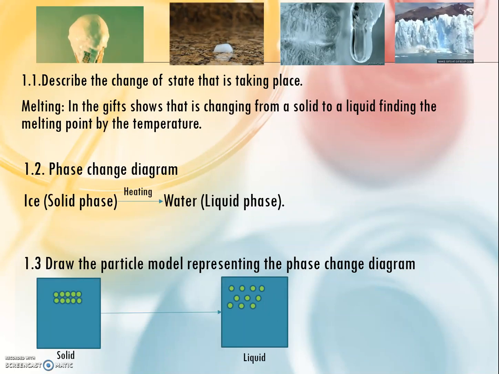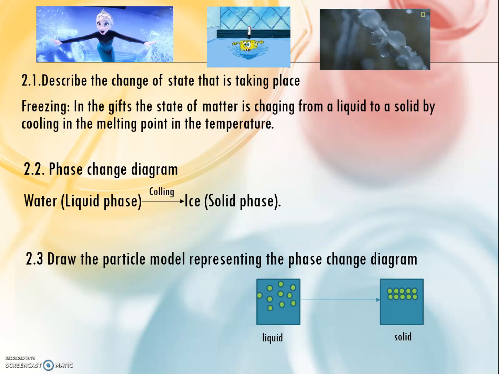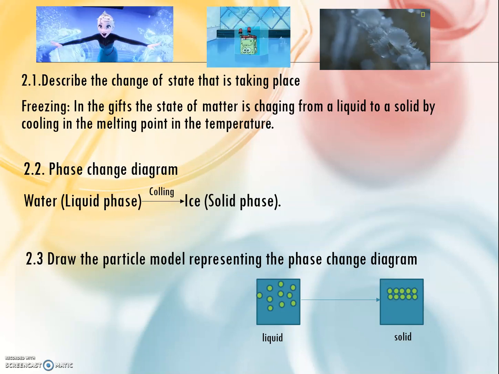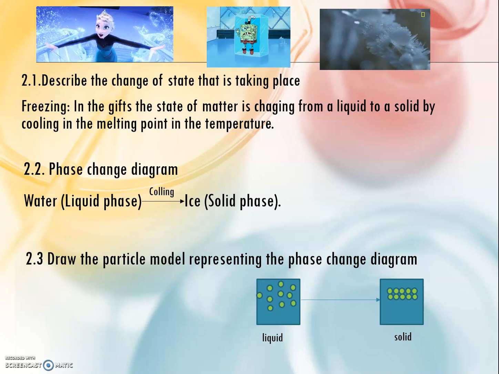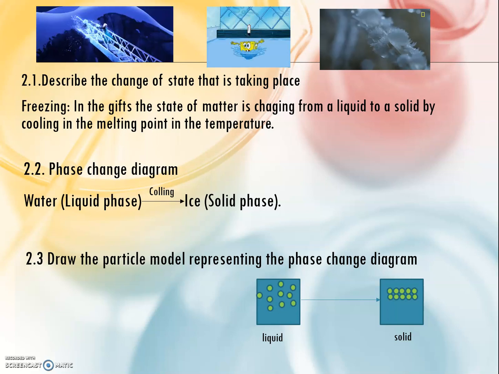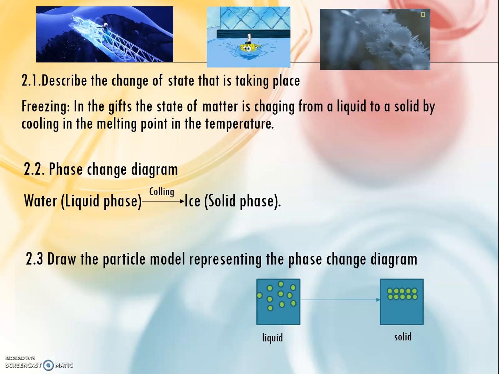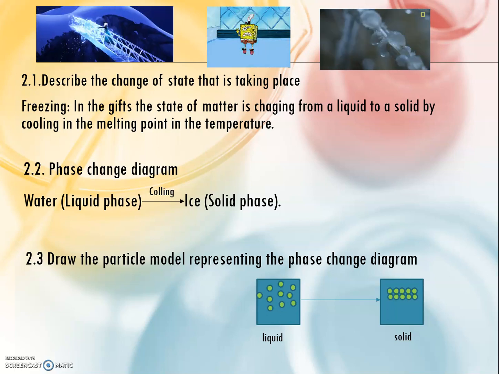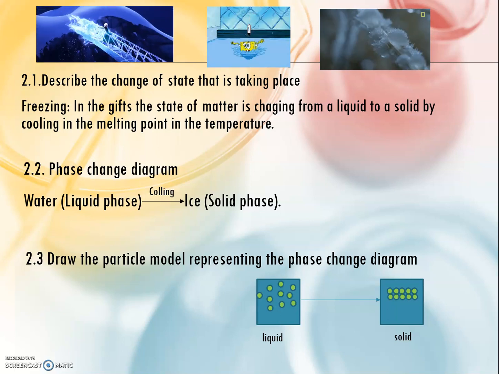And here it transforms by heating, and by cooling here it transforms into ice, the solid phase. Draw the particle model representing the phase change diagram. The liquid transforms to a solid; the liquid has the particles apart, and the solid has the particles more packed, with little holes, and they vibrate.